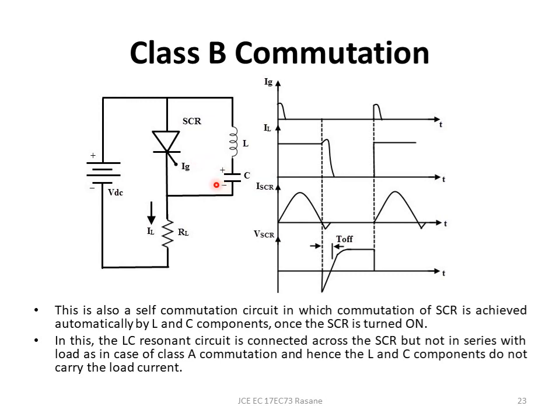Now because it is plus here and minus here, with reverse charge, the SCR will first of all be reverse biased, and the capacitor, because the SCR is still conducting, not yet turned off, tries to discharge through the conducting SCR. Note that of course the SCR will not be able to conduct a reverse current, but there is a forward current flowing. That means the current which is discharging through this should become equal to the current which is going positive. Once they become equal, the current through the SCR becomes 0, and that will happen here.